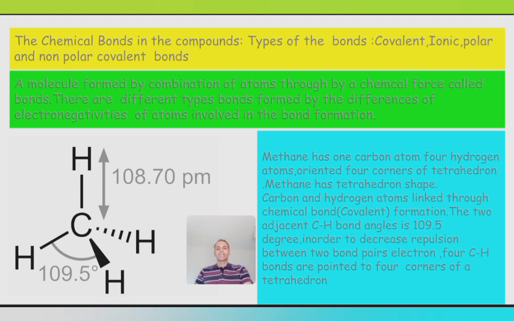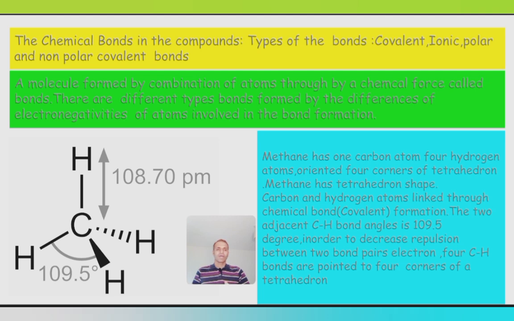Here in the diagram, you can see a carbon combined with four hydrogen atoms. This compound is methane, CH4. In methane, carbon shares its electrons with hydrogen.